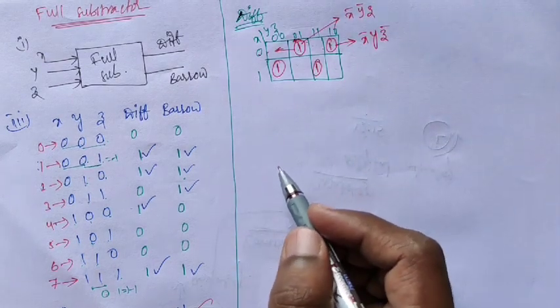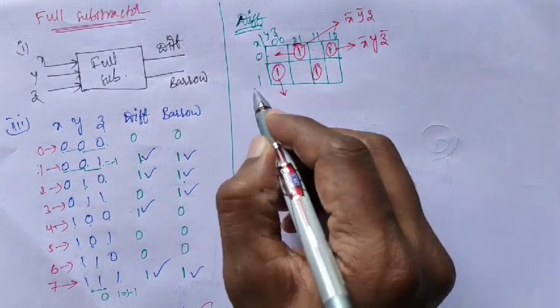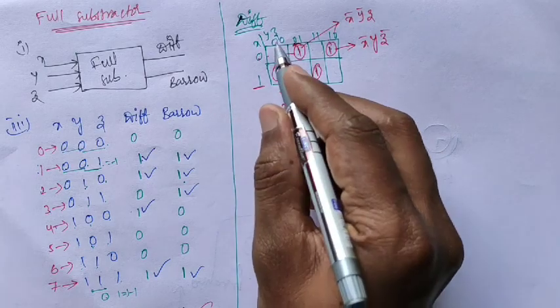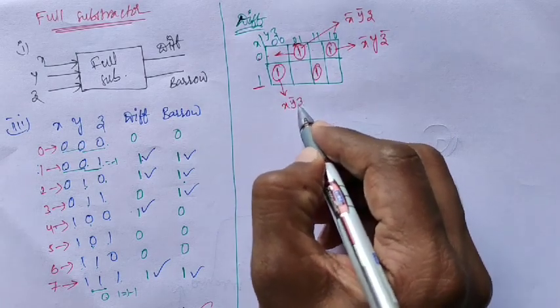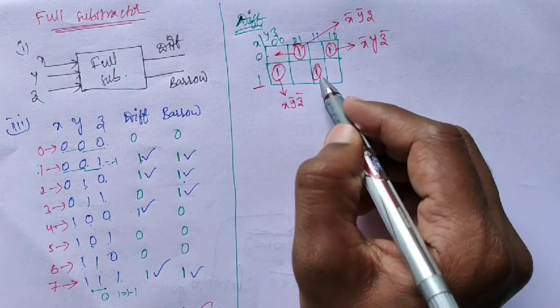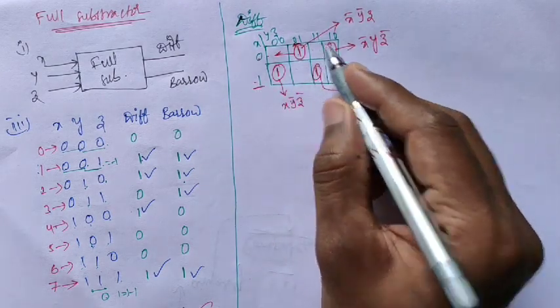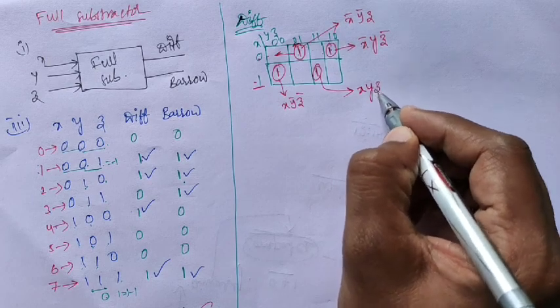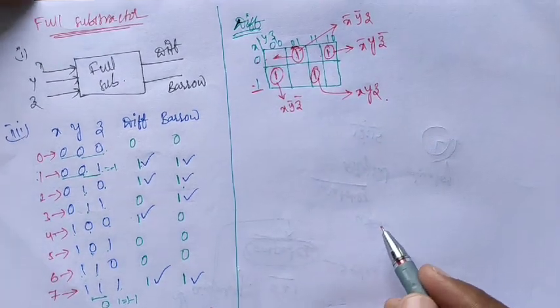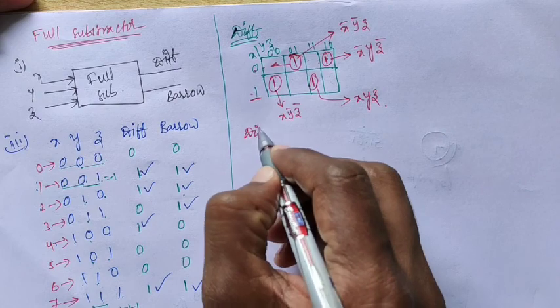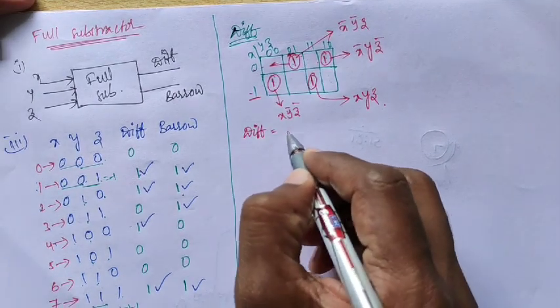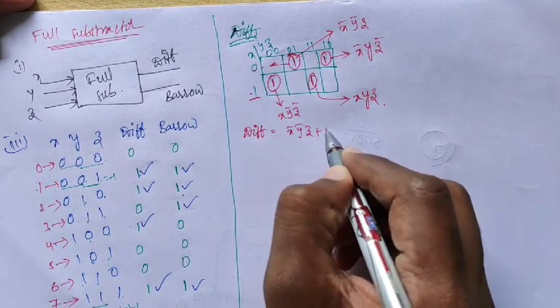Next, this box has row representation x, column representation y bar z bar. Next, this box has row x, column yz.